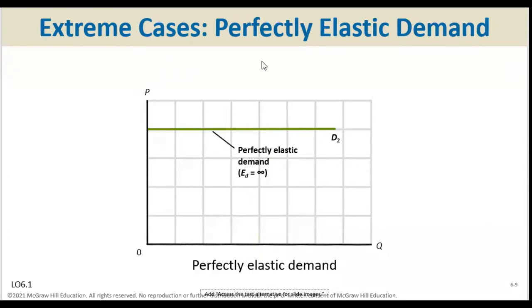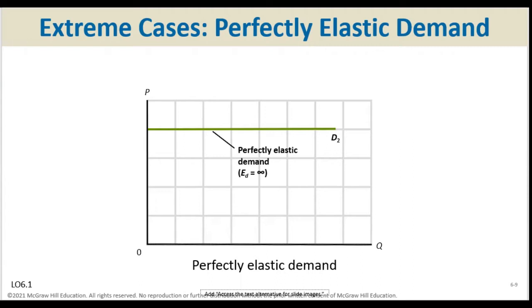So next one is perfectly elastic, right? Perfectly elastic here means that a little deviation in the price will cause the buyer to increase their purchases from 0 to what is possible to obtain on the market, and the elasticity coefficient is infinite.